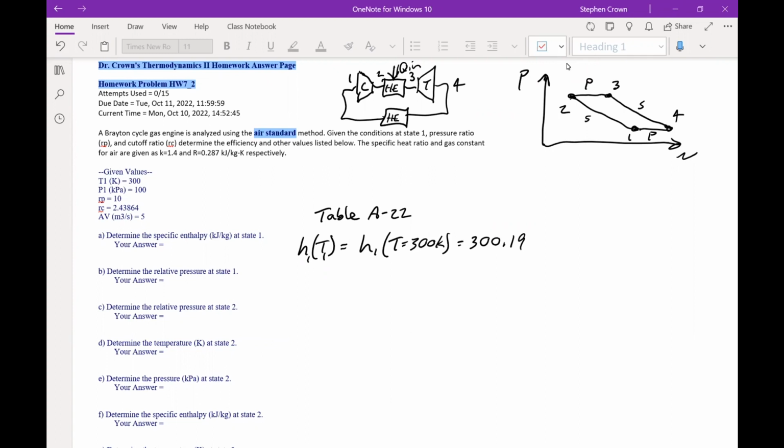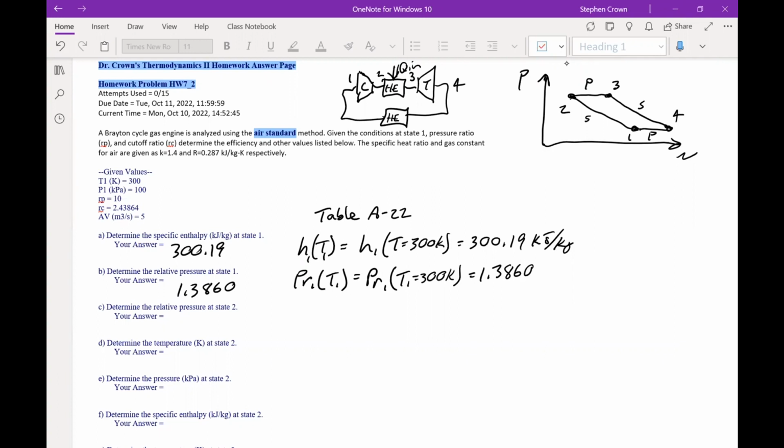While I'm there in the table, I'm also going to find the relative pressure. I go over 3 columns, it's called Pr. And so Pr1 is also a function of T1. Pr1 at T1 equals 300 K is 1.386. So 300.19 kilojoules per kilogram and 1.386.